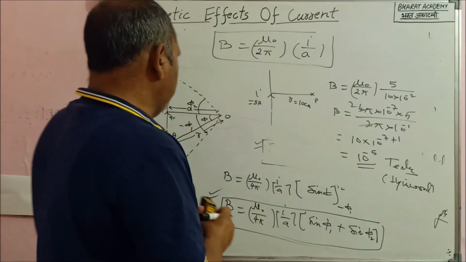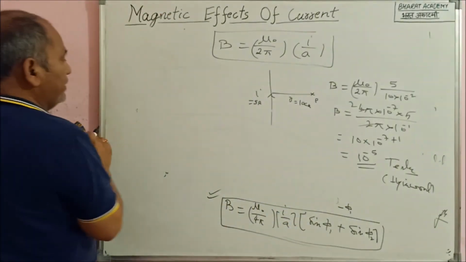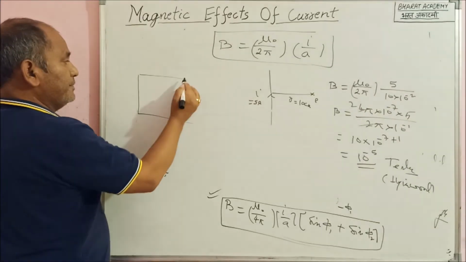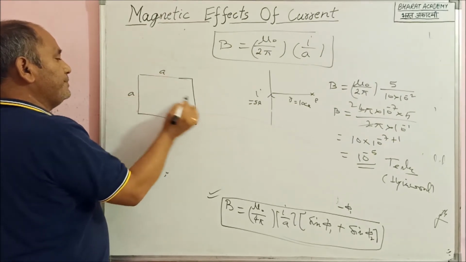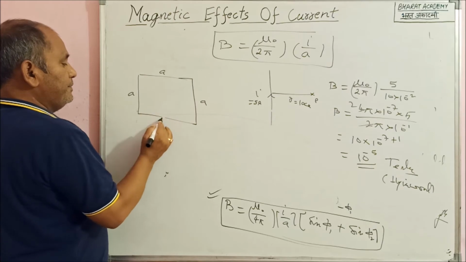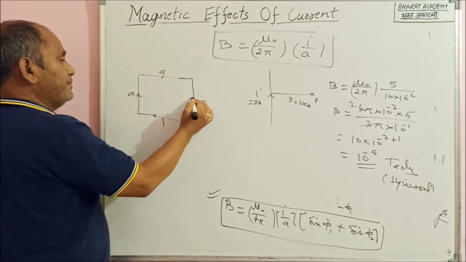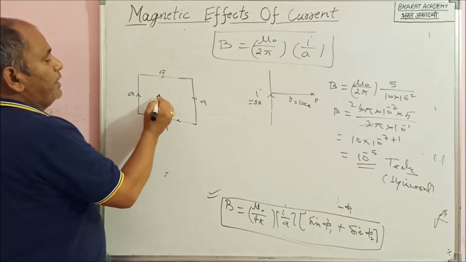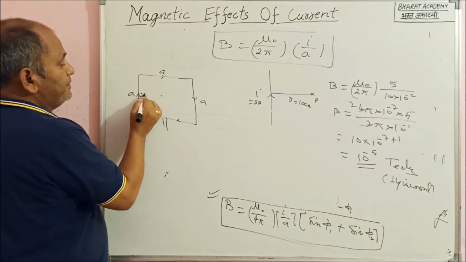Right? But if this question is in a different form, suppose I am having a square of side A. Current I is passing through it. We want to find out the magnetic field at its center, at O. How to get it?